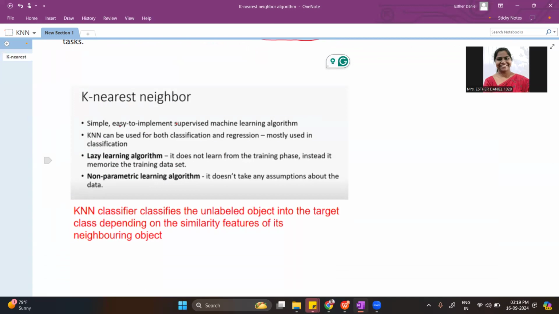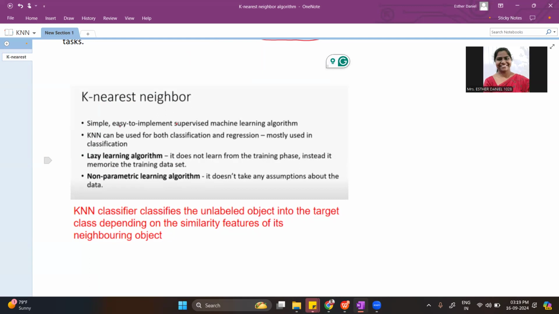It is a lazy learning algorithm. What does it mean by lazy learning algorithm? It does not learn during the training phase, but instead it just memorizes the training data set as such. And it does not make any assumptions about the data because it is not doing any kind of learning. So it is a non-parametric learning algorithm.